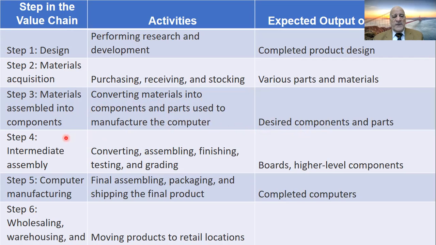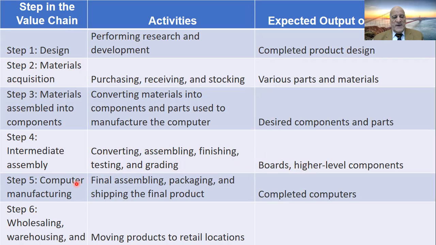Step number 4, intermediate assembly. The activities are converting, assembling, finishing, testing, and grading. The output will be boards, higher level components.